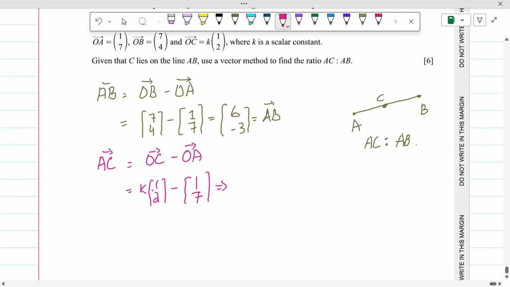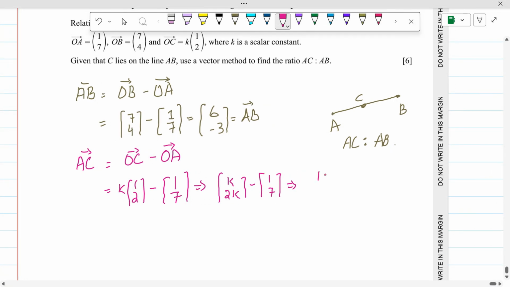So solving this, k times 1 is k and k times 2 is 2k, so (k, 2k) minus (1, 7). Further solving we will have (k minus 1, 2k minus 7). So this one is AC.